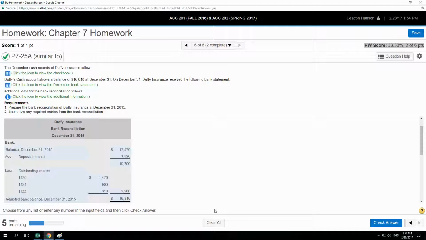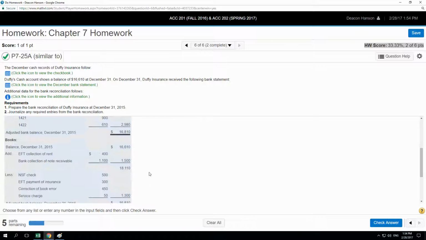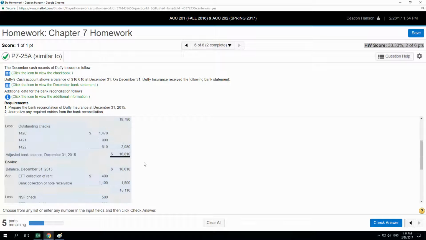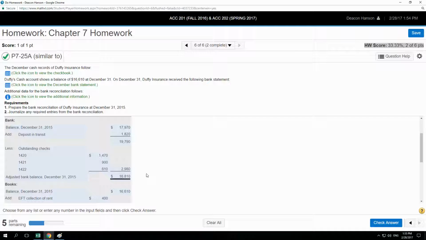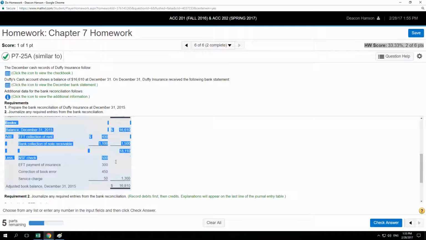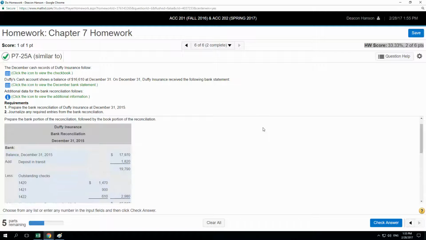So you can see that it's truly two separate reconciliations that come down to the same balance, the 16,810. In this situation, they stacked it, one on top of the other, which is fine. Me personally, I prefer to have it side by side, so you could see both of them together.